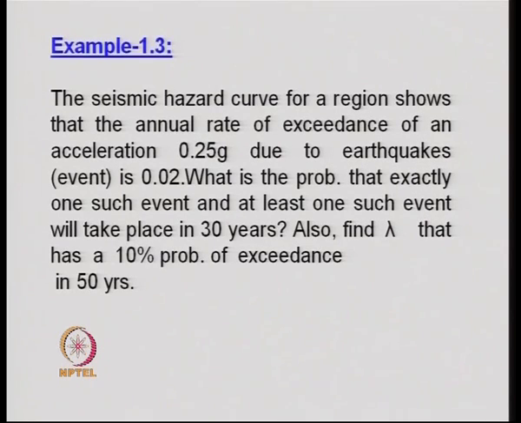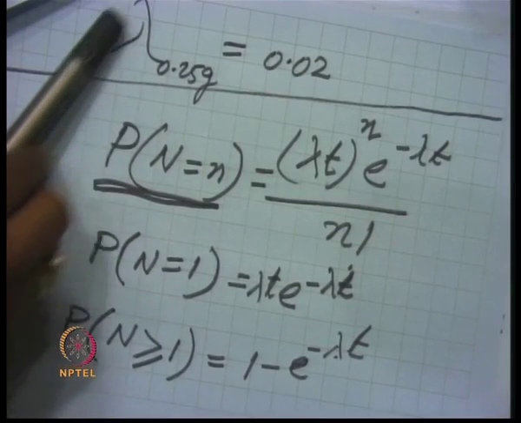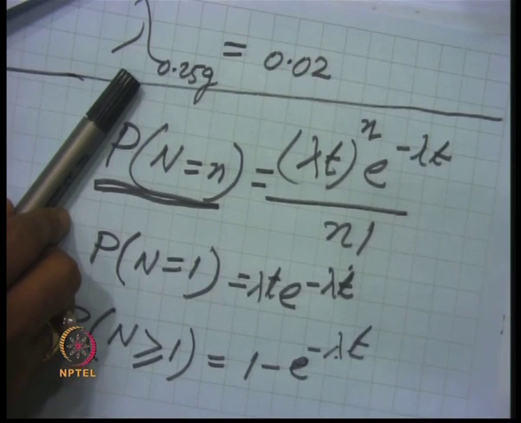The other is the probability that at least one such event occurs, that means at least once this peak ground level will be exceeded in 30 years of time. Also find the value of lambda that gives a 10% probability of exceedance in 50 years of time. That means one has to calculate the value of lambda for a 10% exceedance in 50 years of time.